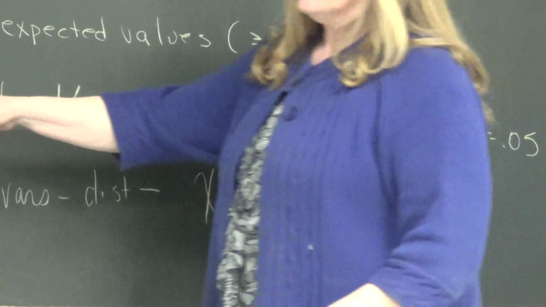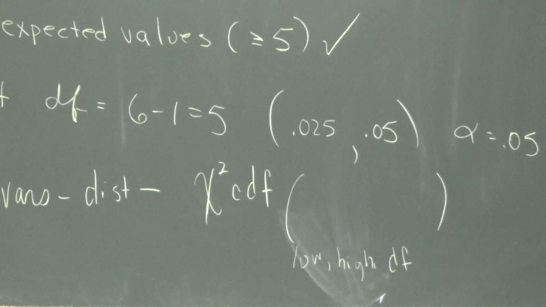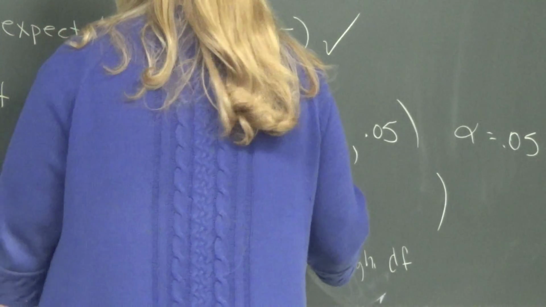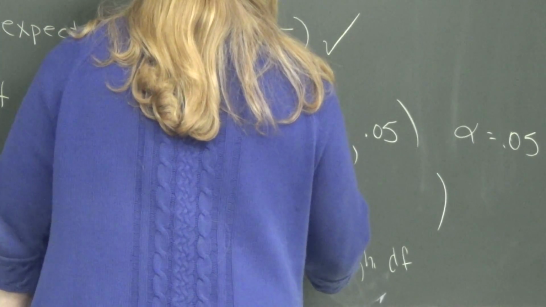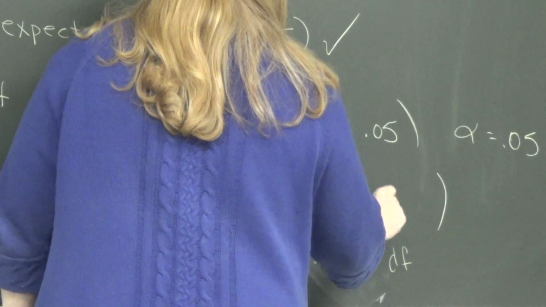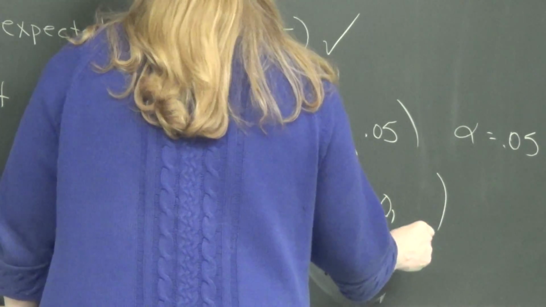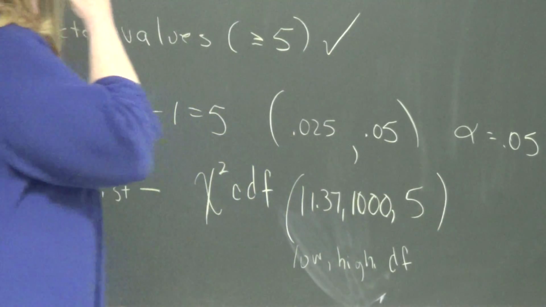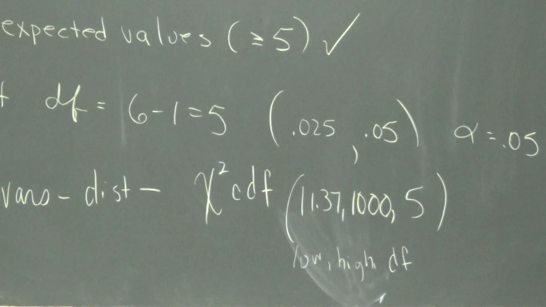Looking at the sketch here, our chi-squared statistic, 11.37, is the low value because we want the area from there out. So we need a large number. Let's put in 1,000 and see if it takes it. 11.37, 1,000, and DF is 5.